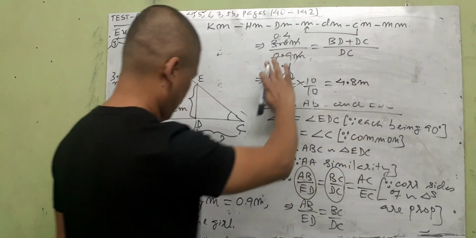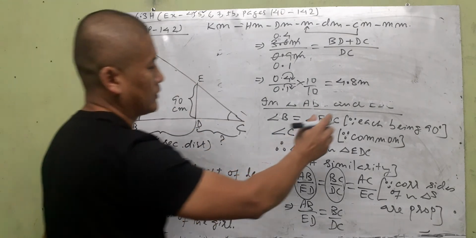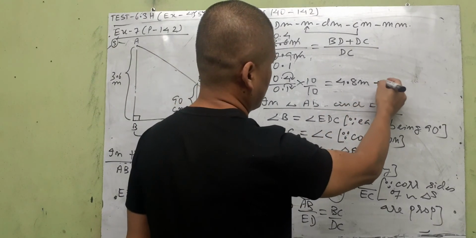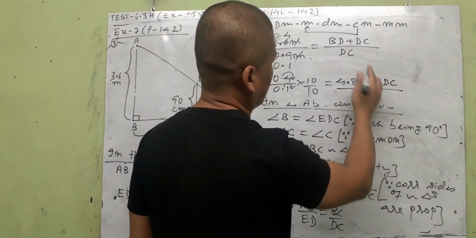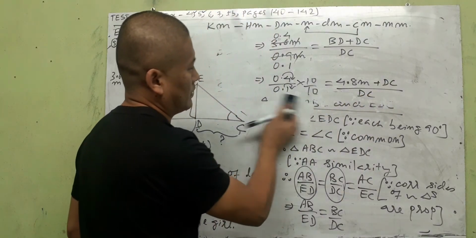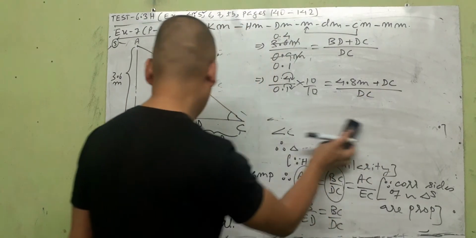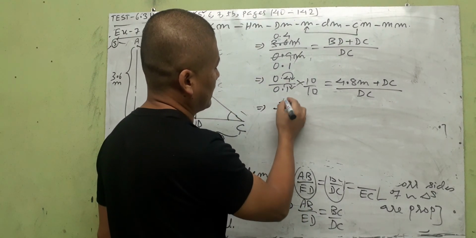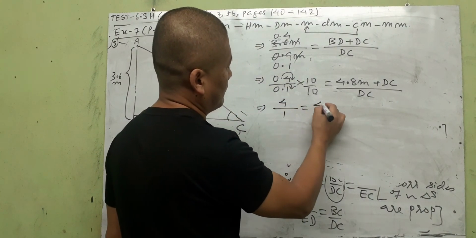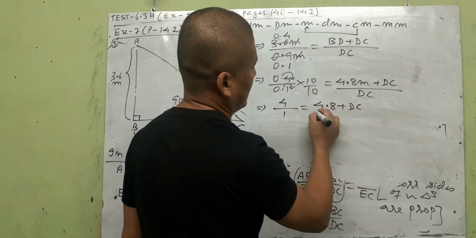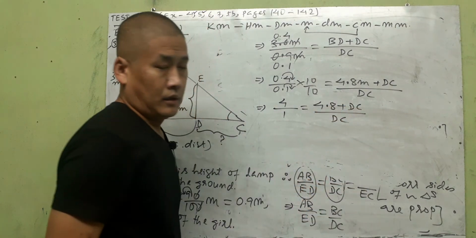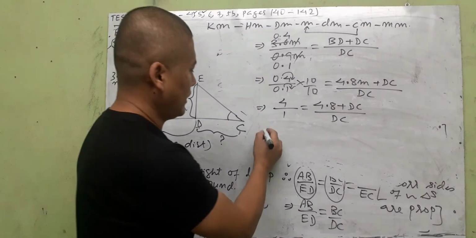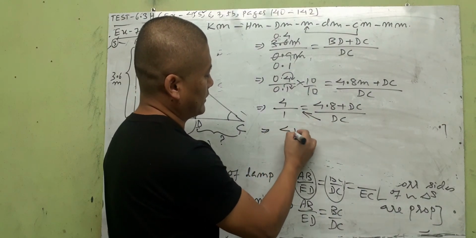We have done it just here, right? 4.8 plus DC is the length of shadow we want to find. So here also DC, distance after 4 seconds. Now once we are through with that, decimal move to the right means 4 divided by here, right? 4.8 plus DC by DC, right? So next cross multiply, then you'll get 4 DC.